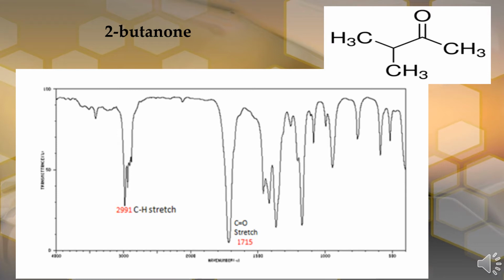So here we have your results for the 2-butanone, and we have the carbon-hydrogen bond stretching, that's at 2991. And then we have our carbonyl stretch, which is at 1715. So that definitely is right in the middle of our example group of the ketone, which was between 1725 and 1705.